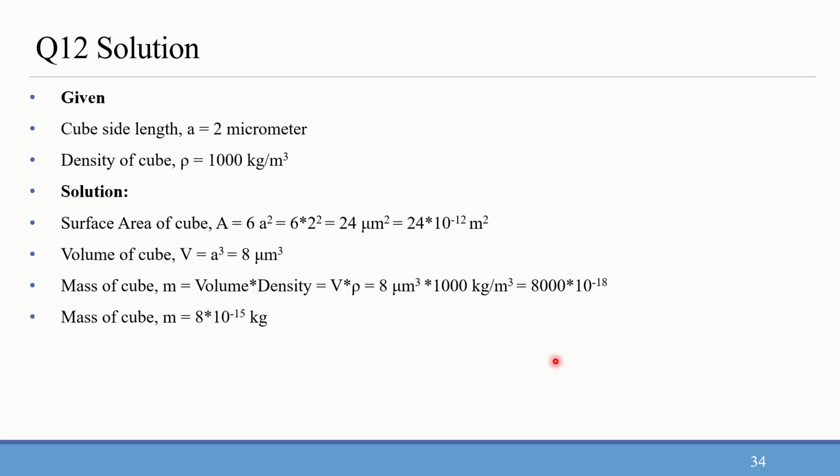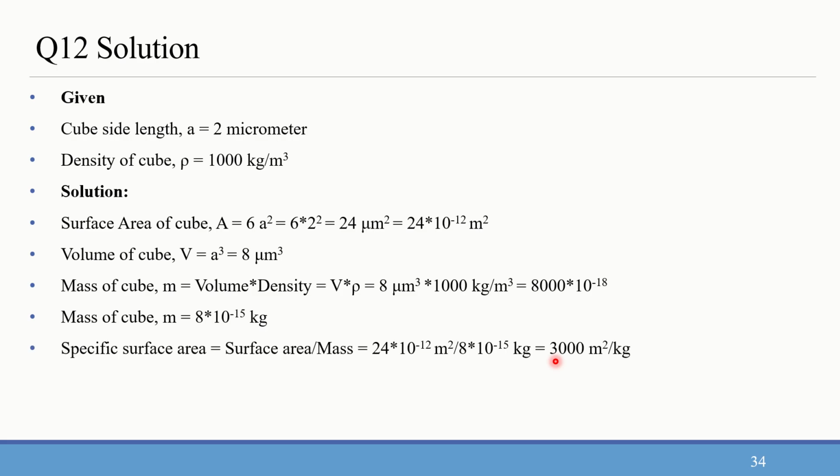So based on that also, we can say that specific surface area is more, even though the surface area is the same between this cube and that cube. When we are talking about specific surface area, it is more in this, because the mass of a single particle is low here, because its density is low.